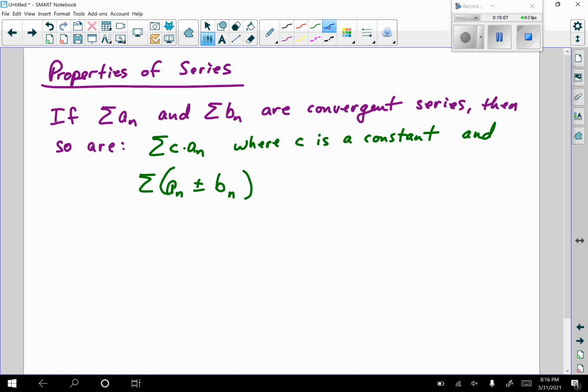And let's see how we can use this to help us out. So our last example, let's go ahead and calculate the sum of the series here. So we have two different series that we're going to take a look at.